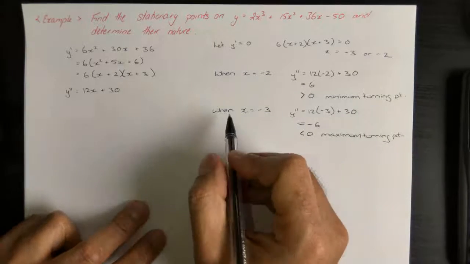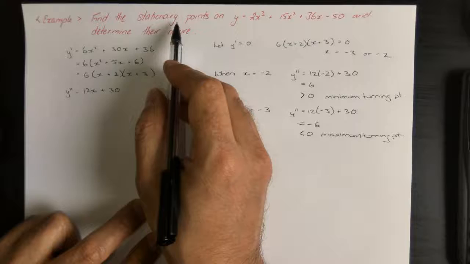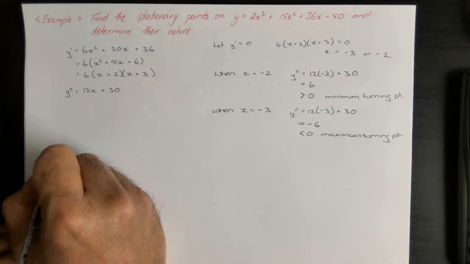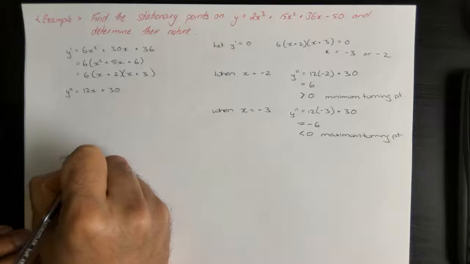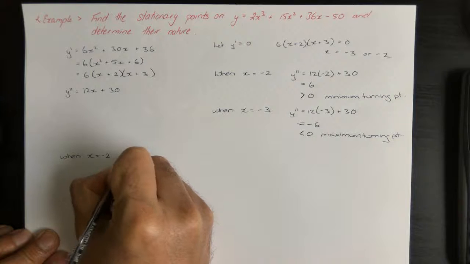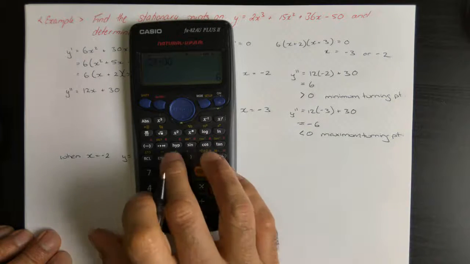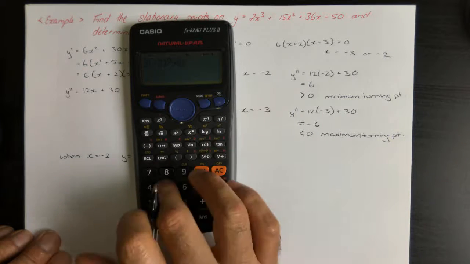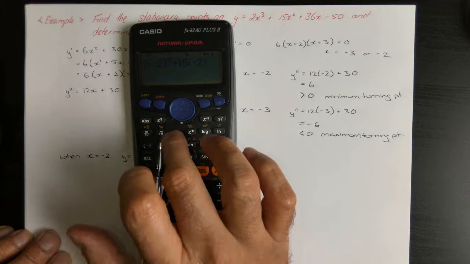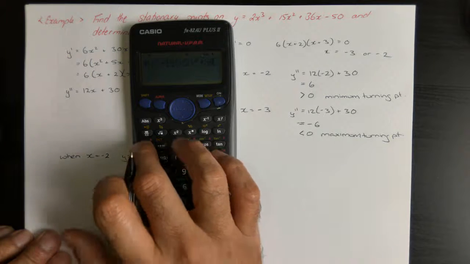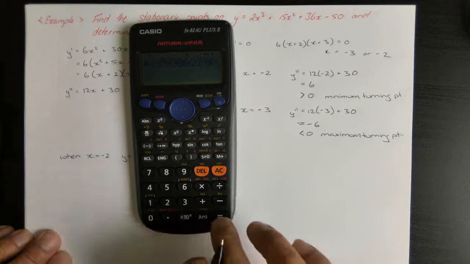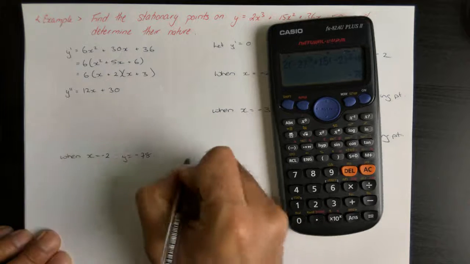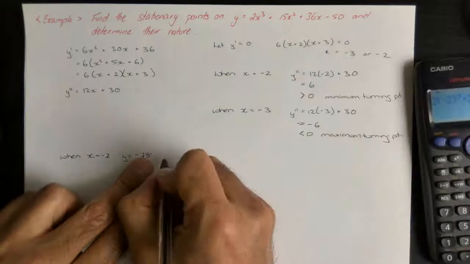Okay. To find the stationary points, we really need to plug these values back into the original function. So, when x equals -2, y equals -78, and that's a minimum turning point.